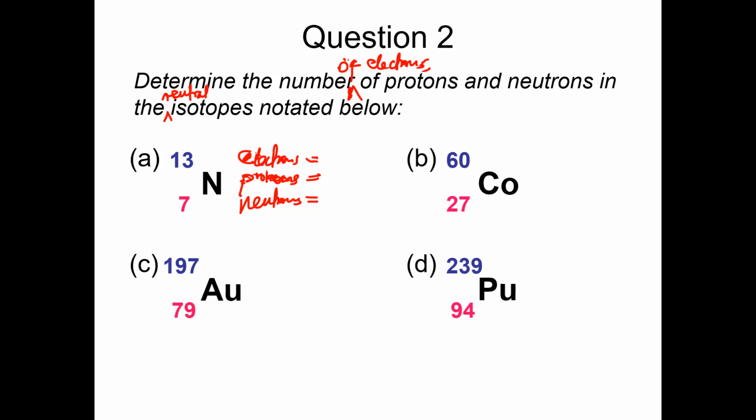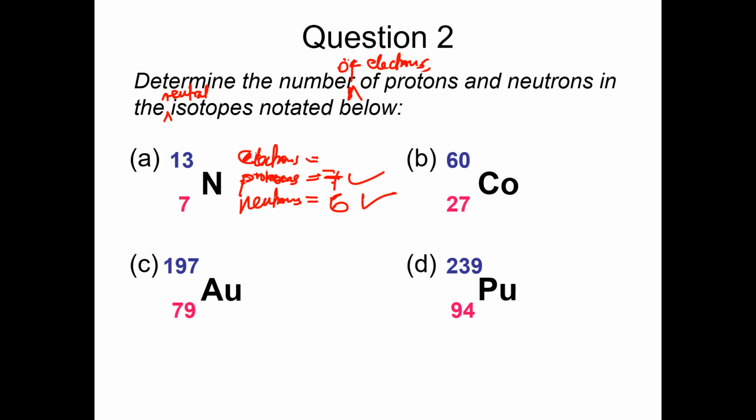The protons are 7. That is correct. The neutrons 6. Okay, that is correct.